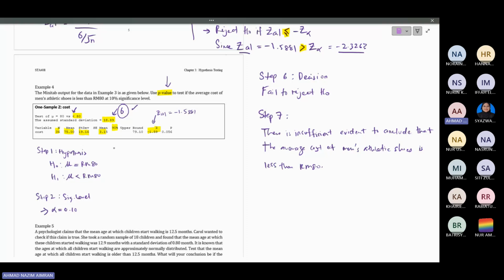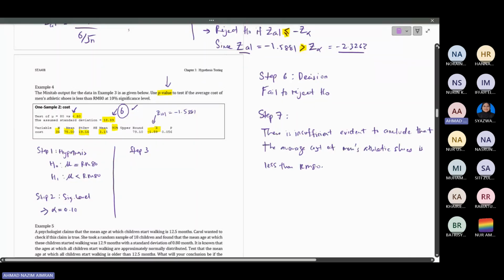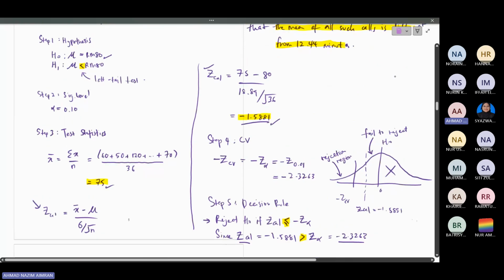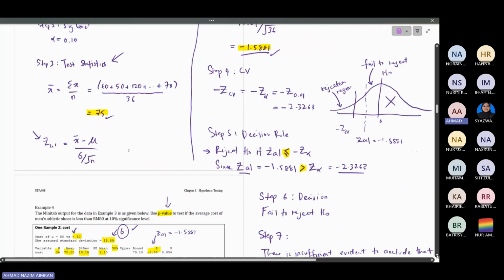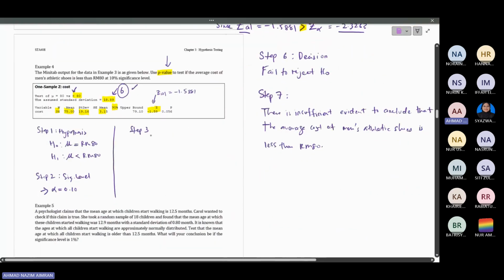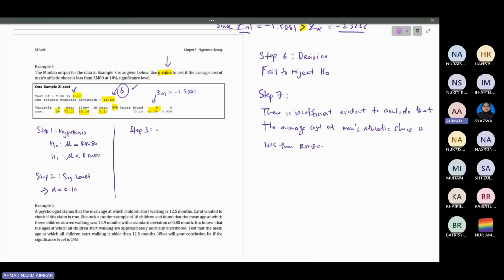And then step 3. Step 3 is where it differs from the previous example. In the previous example, we used test statistics up here, but in our current example, instead of using test statistics, we use the p-value. Where is the p-value?